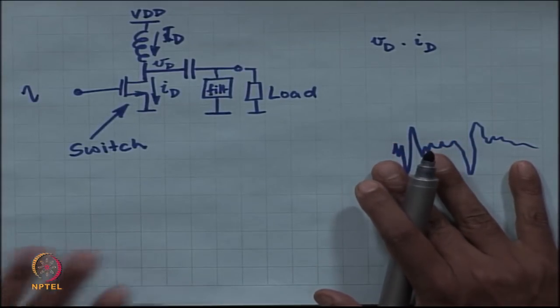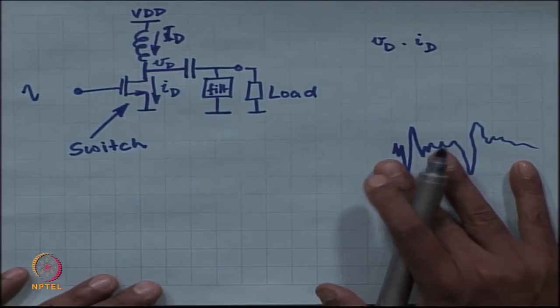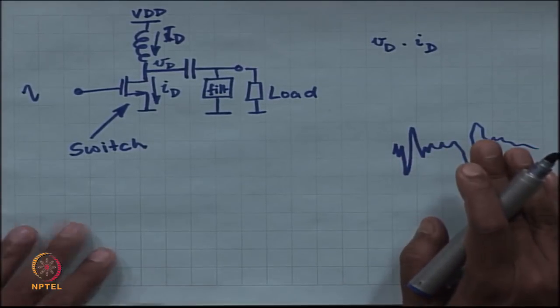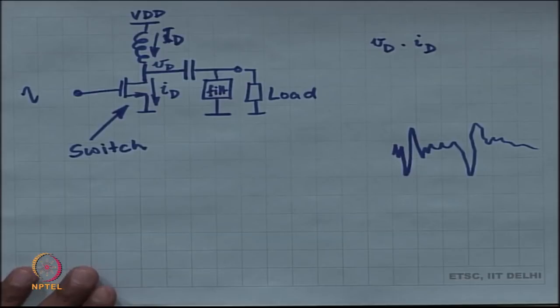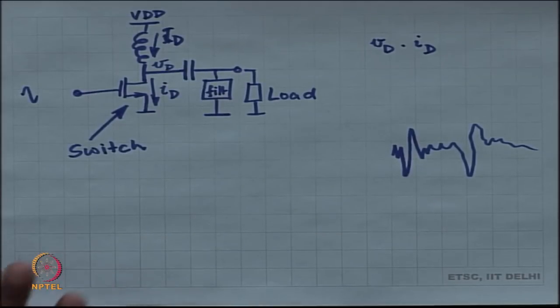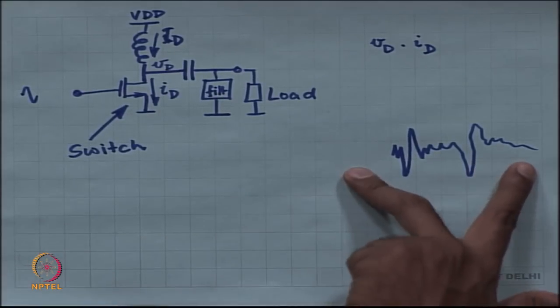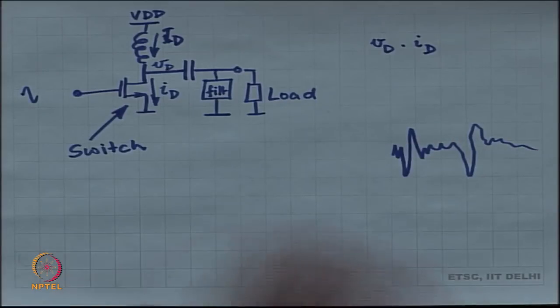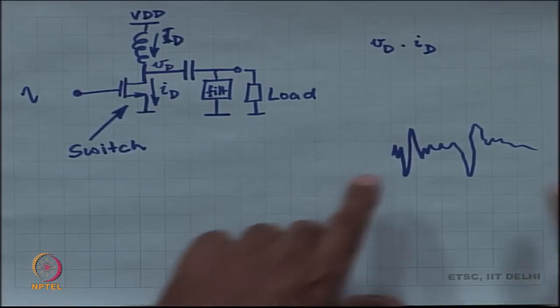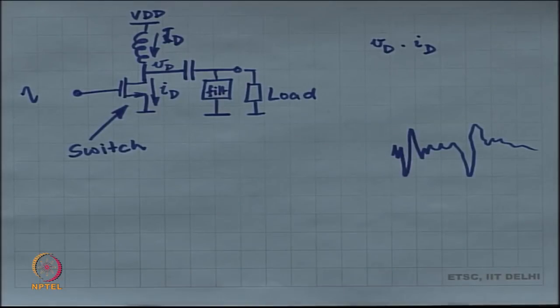The human audio range is 20 hertz to 20 kilohertz. Now, what we do is instead of just a 20 kilohertz bandwidth, we take a 1 megahertz bandwidth, and in this bandwidth, you convert this 20 kilohertz signal into a pulse width modulated waveform.